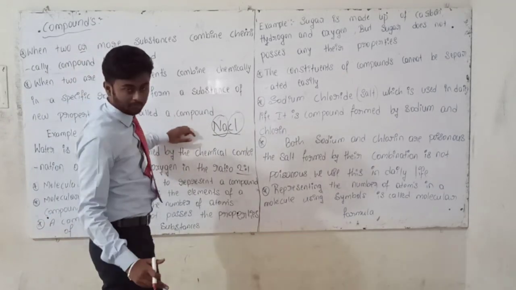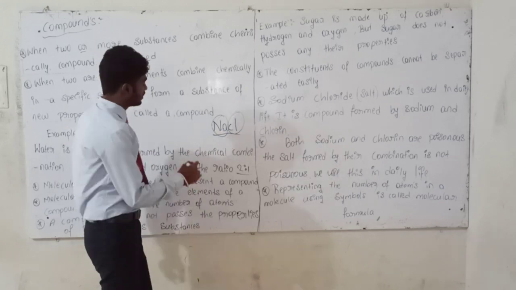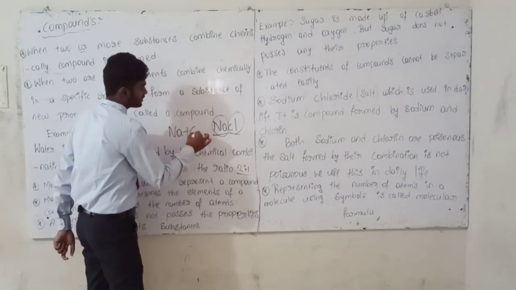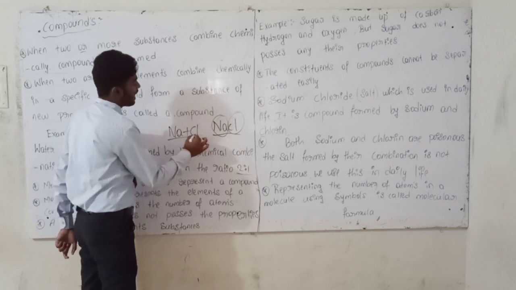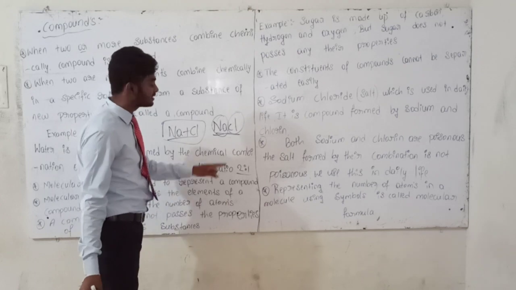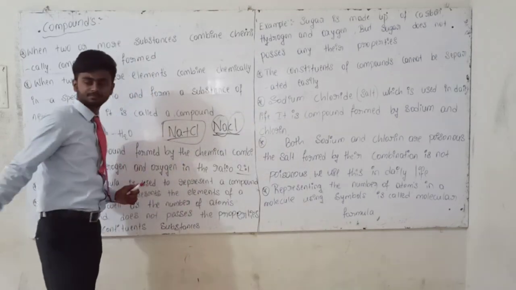We said it as water. Similarly, sodium is one element, and chlorine is another element. Both are combined chemically. It's called NaCl. That is known as salt.